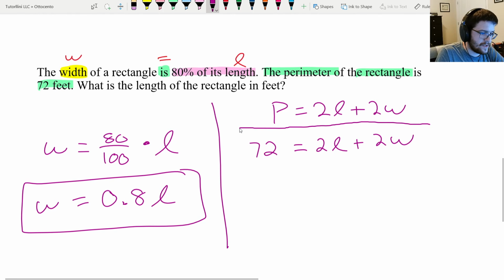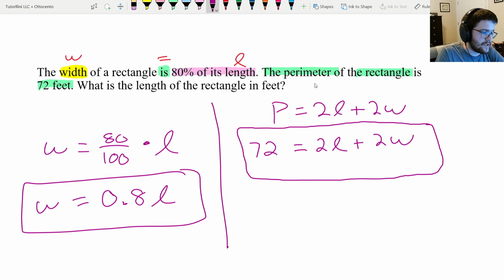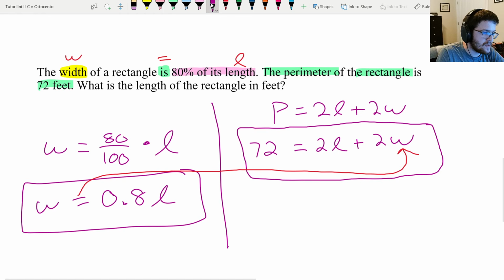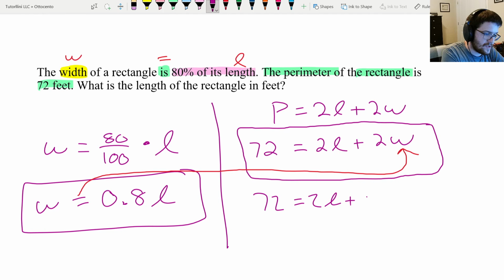So what we're going to do is substitute this guy in for W. He's going to go over there. And we get 72 equals 2L plus 2W, which is 0.8L.